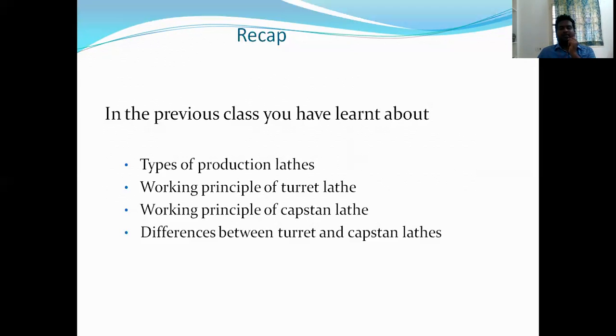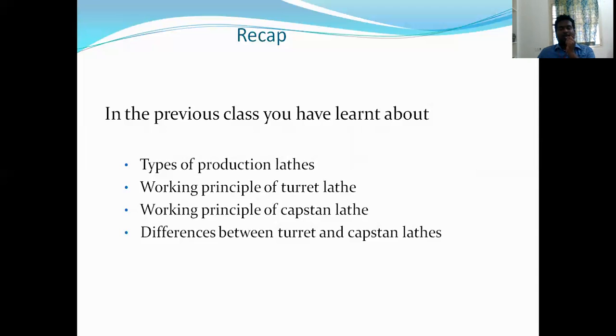And here, in the capstan lathe, the turret is fixed on the ram, while in the turret lathe the turret is fixed on the saddle. In the capstan lathe, the movement of the turret is controlled automatically.